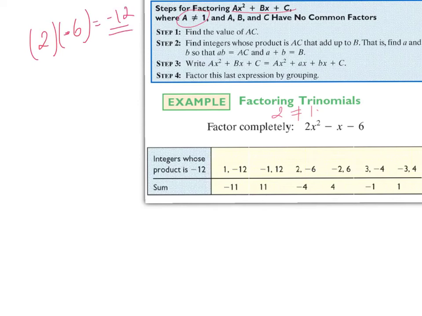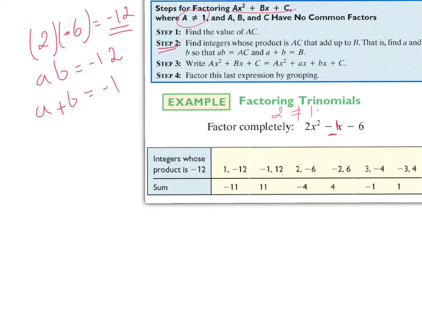Then step number 2, we have to find two integers whose product is AC and then add up to B. B is in the middle right here, which is minus 1. In other words, we have to find two values that multiply to negative 12, and their sum will be equal to negative 1.